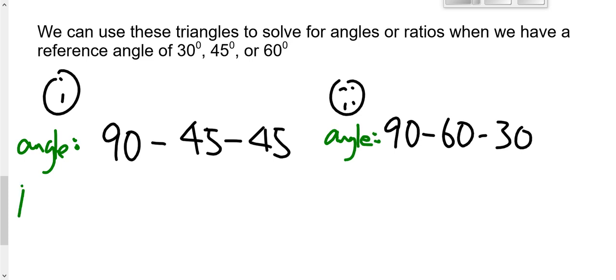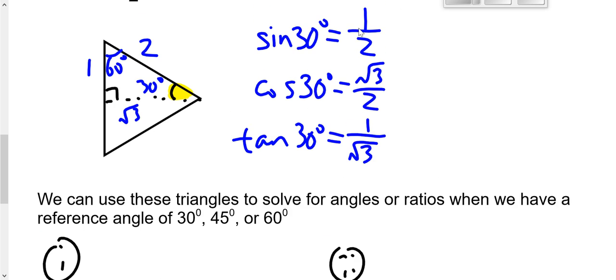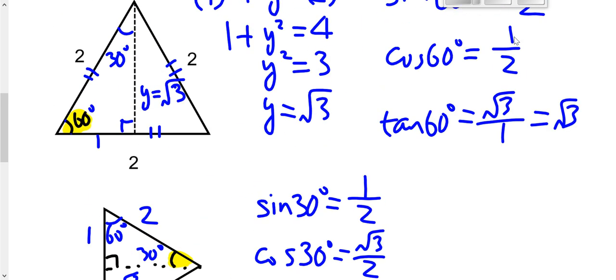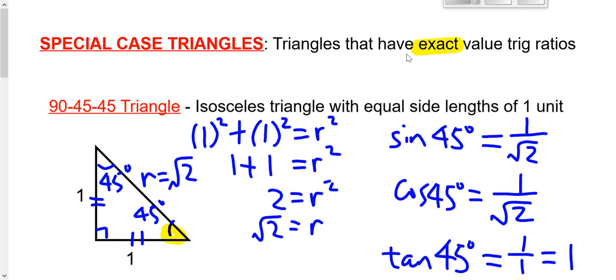What you need to learn, remember, and memorize is the length. If you can remember the length of the side opposite to that angle, then you can simply use those and figure out all these exact values.